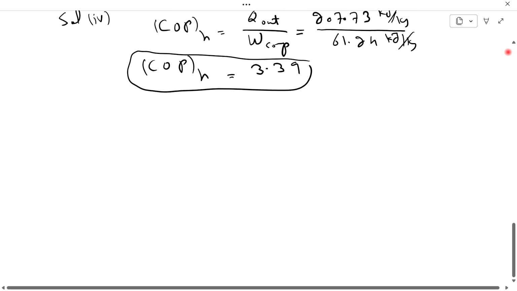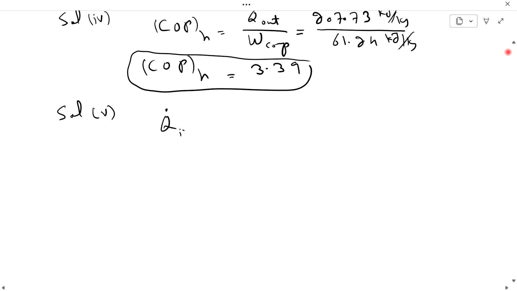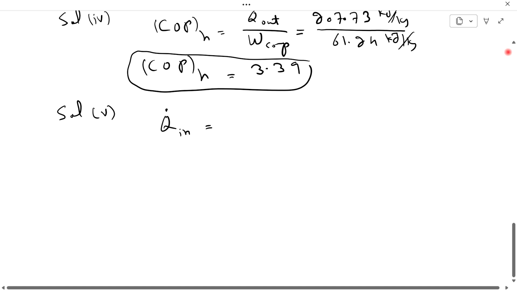Now we are solving part number 5. In part number 5, the ton of refrigeration is needed. First we find the heat in kilowatt. This is equal to m dot, the mass flow rate, times the refrigeration effect.